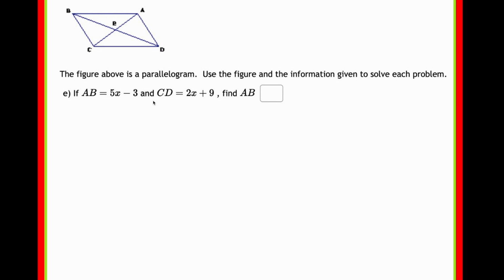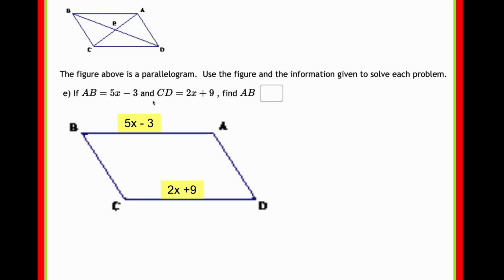Let's go ahead and redraw our figure with the information we know. The length from A to B is 5x minus 3, and the length from C to D is 2x plus 9. Okay, let's look through our notes and find the property that helps us to solve this problem.